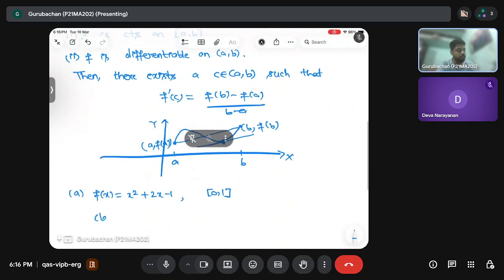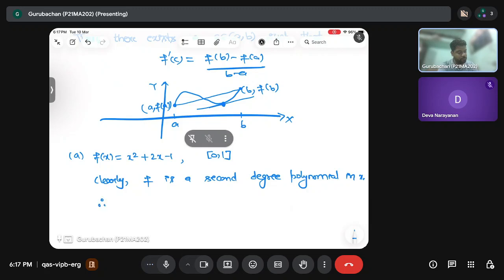Clearly, f is a second degree polynomial in x.